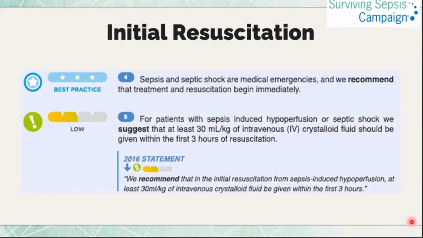Studies have shown that failure to receive 30 ml per kilogram of crystalloids within the 3 hours of sepsis onset is associated with increased in-hospital mortality, delayed resolution of hypotension, increased length of ICU stay, irrespective of comorbidities, including ESRF and heart failure. Therefore, when managing septic patients, it's important to perform a detailed initial assessment and to re-evaluate patients' response to treatment.